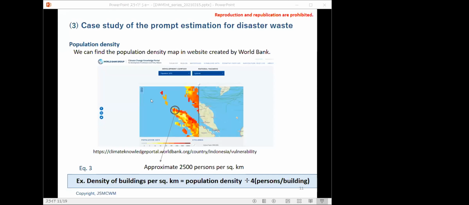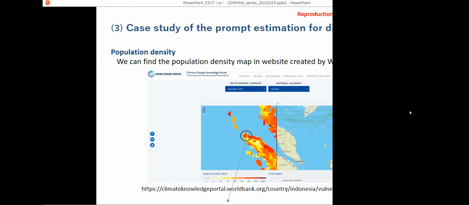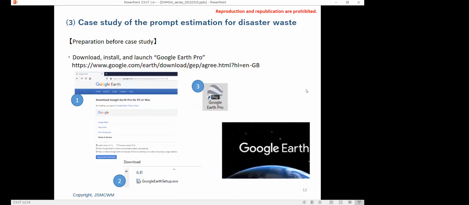As I showed in the browser, we can know the population density like this, and we can know the density of buildings by putting in this number. So let's go to the next slide.